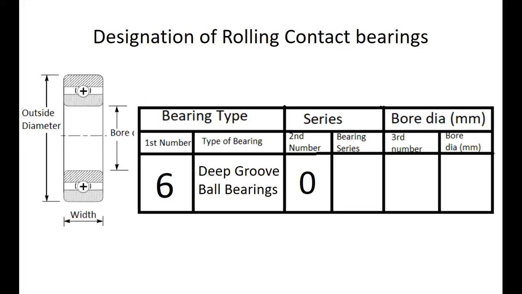Correct. That's correct. And what about 00? Guys, what is 00? Anyone? 00 indicates the bore diameter is 10 mm, right? So if this number is asked to you, what number?